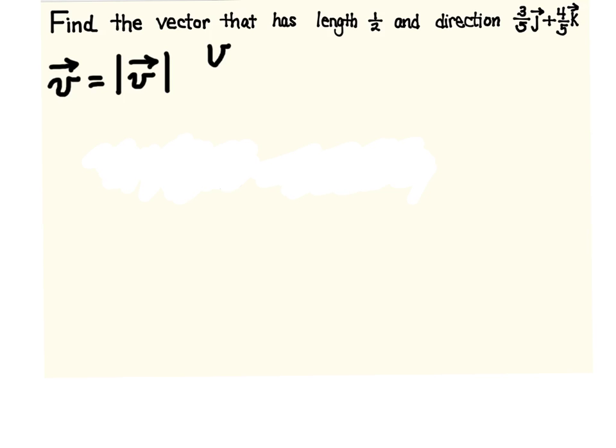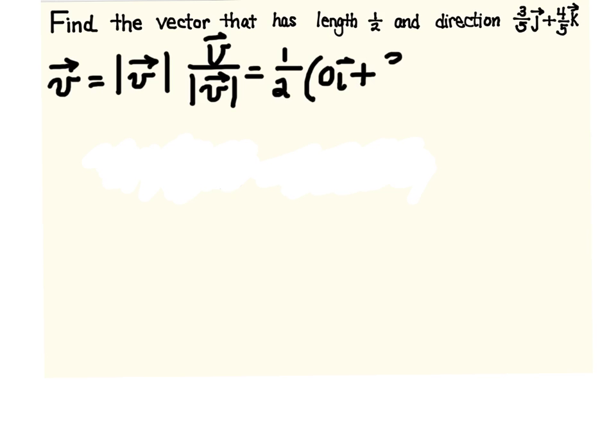So v, there's its direction, and its magnitude is 1/2, and its direction is 0 in the i component, 3/5 in the direction of the j component, and 4/5 in the direction of the k component.